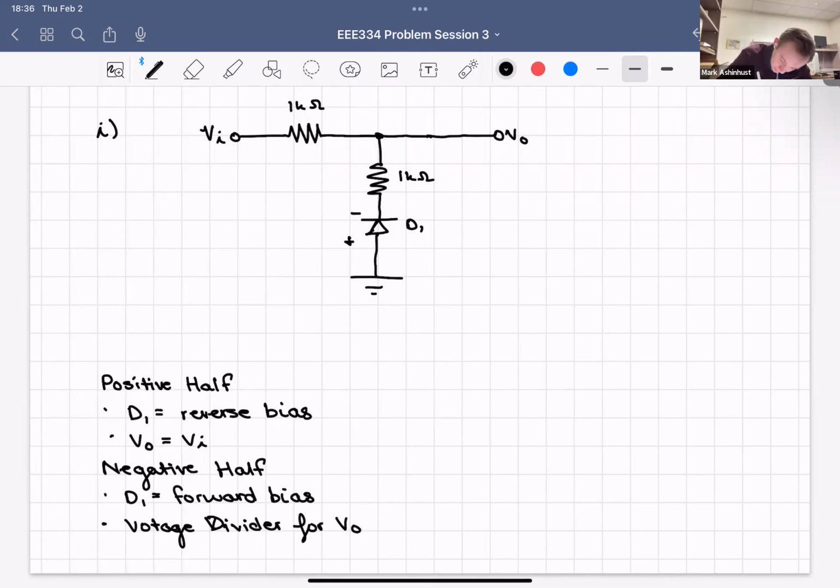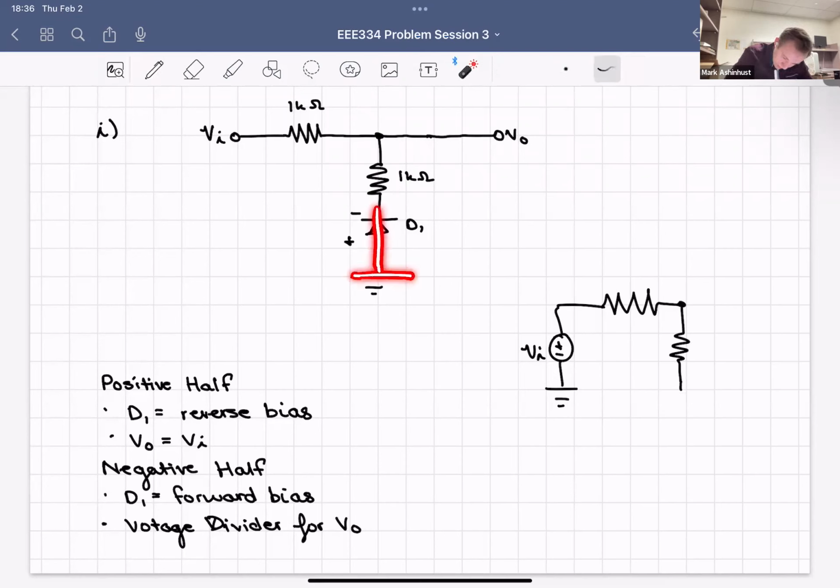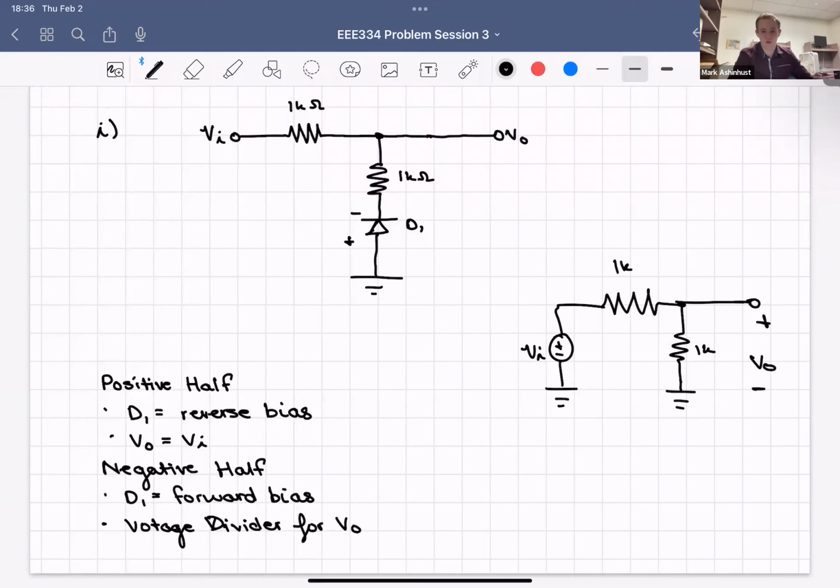The reason for that, say this is our VI, connect that to ground, and then we have our 1K here, and then we go down to 1K here. Well, now D1 is a short to ground. So we have 1K, 1K, and then V out taken here, a voltage divider over that 1 kilo ohm resistor.